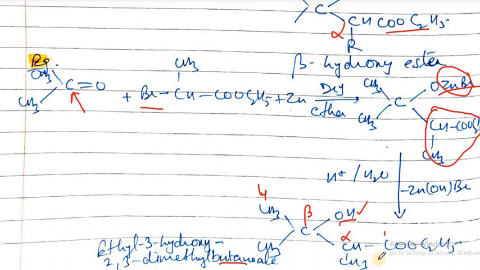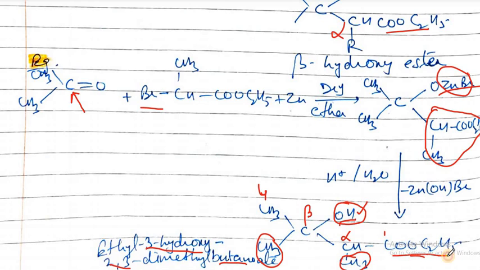Now to the third carbon methyl and OH are attached, and to the second carbon methyl is attached. So methyl groups are attached to the second and third carbons, so 2,3-dimethylbutane. The third carbon also has an OH hydroxy group, so 3-hydroxy.